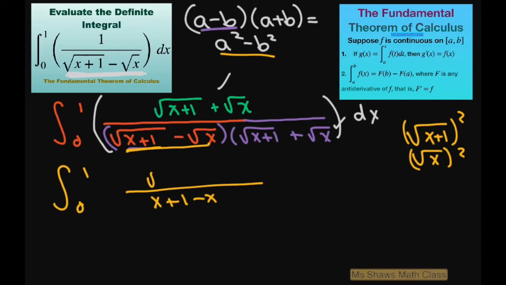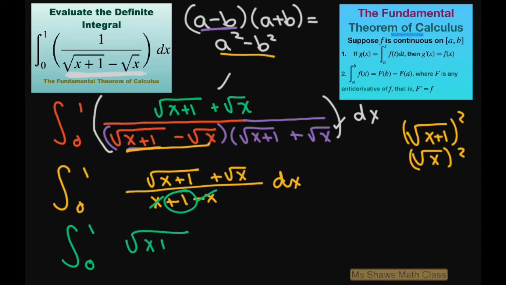Your numerator is still the square root of x plus 1 plus the square root of x, dx. Now the x's cancel, and we just have the numerator divided by 1. So the simplification is just the square root of x plus 1 plus the square root of x dx.